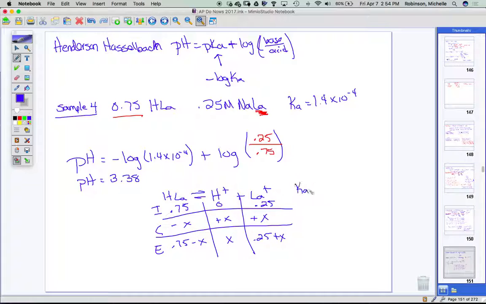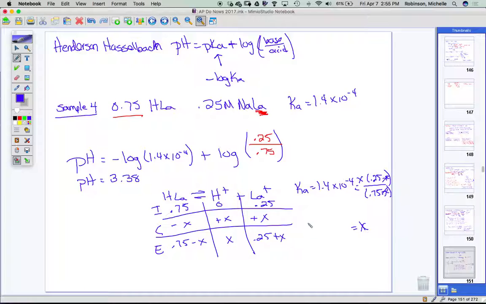So Ka, which is 1.4 times 10 to the negative fourth, is going to equal x times 0.25 plus x over 0.75 minus x, and we're going to get rid of those x's. Okay, so 1.4 times 0.75 divided by 0.25 is going to give you x. What do you get for x?